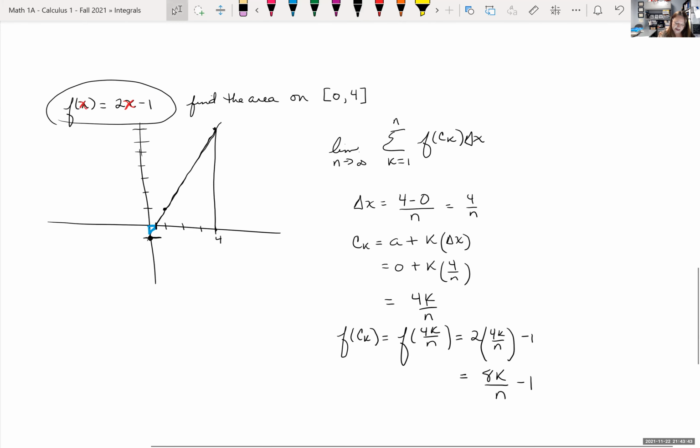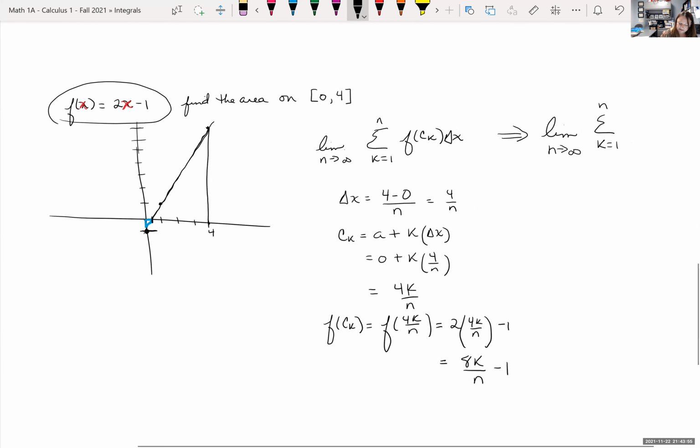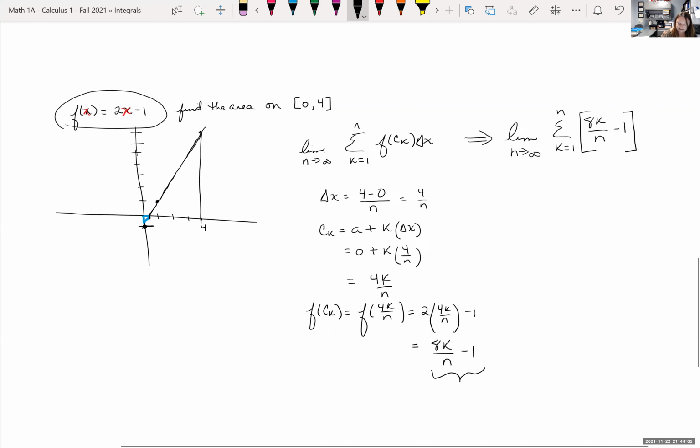So right now we have the limit as n goes to infinity of the sum from k equals 1 to n of f of c sub k, which we just found, 8k divided by n minus 1, all times delta x.